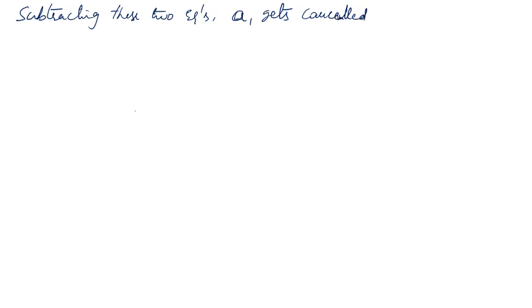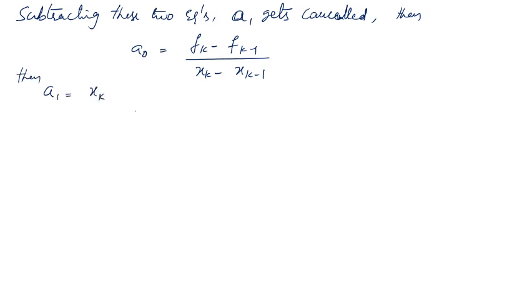Then we have the a0 value, that is (fk - f(k-1))/(xk - x(k-1)). Substitute this a0 value in any one, then the a1 value is (xk f(k-1) - x(k-1) fk)/(xk - x(k-1)).